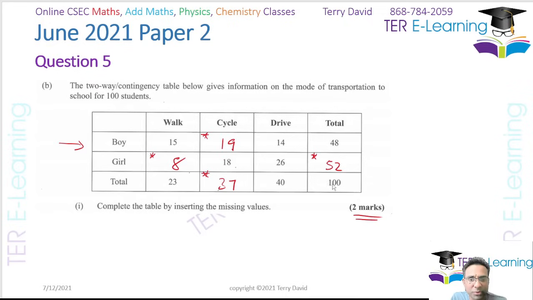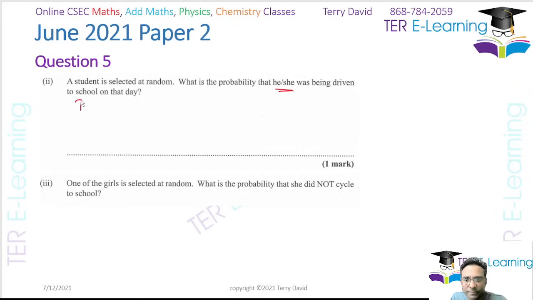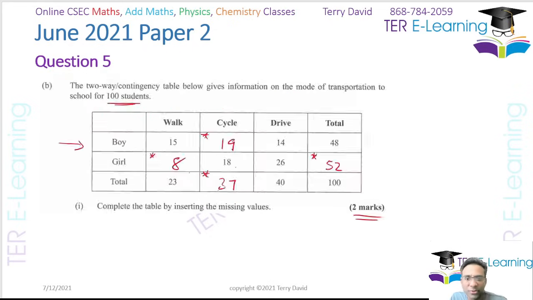Now in terms of the total number of students that we have, we have 100 students here. So therefore, our probability that he or she was driven to school, we need to see how many students were actually driven.